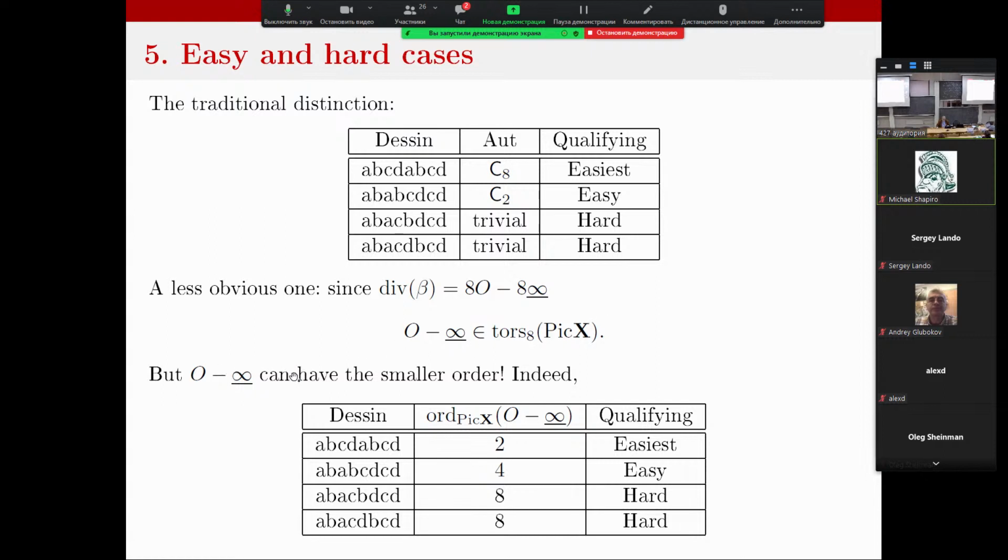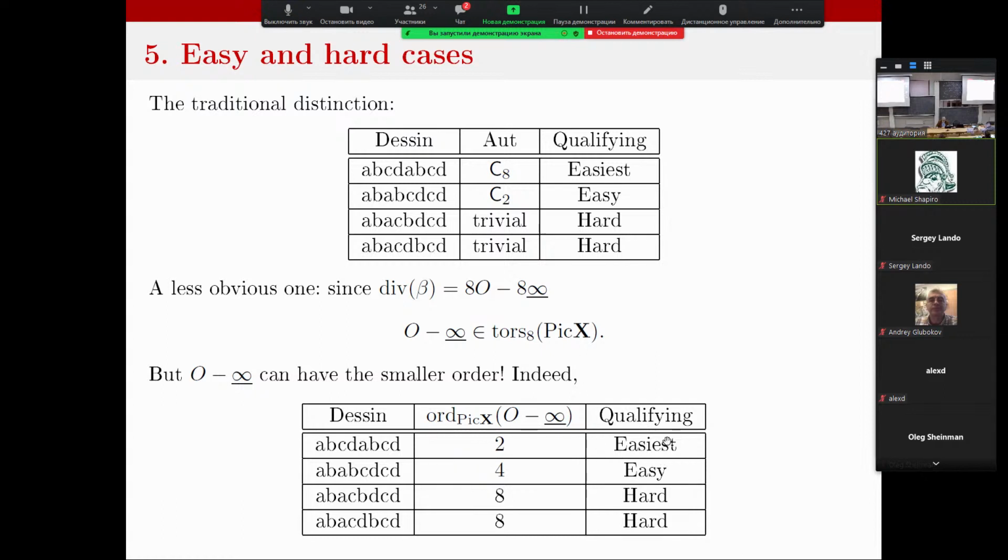This difference does not necessarily have the maximum order, and we see that the easier the case, the smaller is the order.